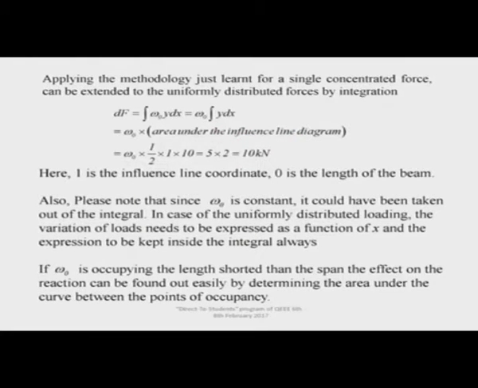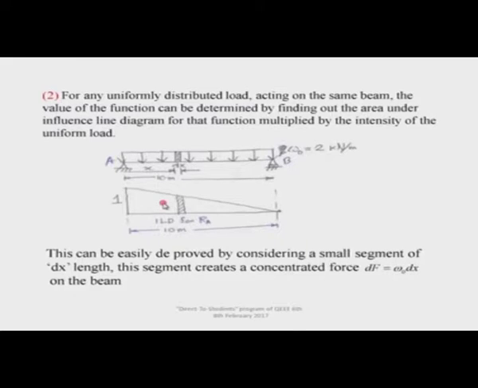If the occupancy of the uniformly distributed load is less, you have no problem. You will find the area under that portion. Suppose the load is from the right end to here, then you will find the area of this triangular portion of the influence line diagram multiplied by omega, the uniformly distributed load. Okay, so I think that is it.